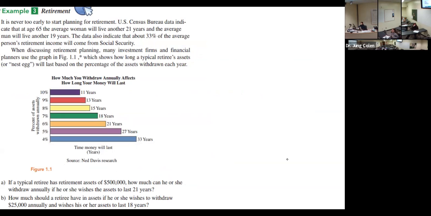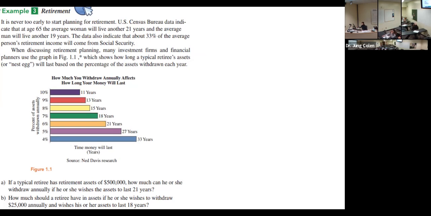U.S. Census Bureau data indicate that at age 65, the average woman will live another 21 years. I think they live longer now. And the average man will live another 19 years after 65. The data also indicate that about 33% of the average person's retirement income will come from Social Security.